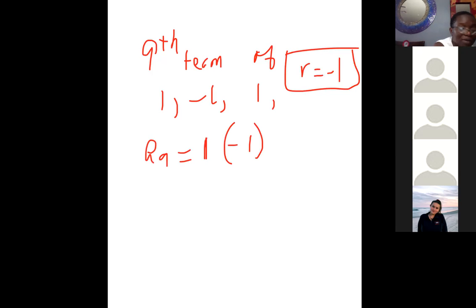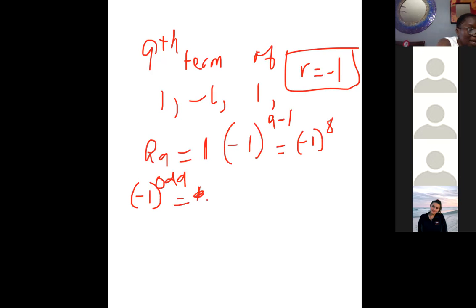Actually, it's 1. Okay, Laura, you changed your mind. Okay. 9 minus 1 gives you 8. Guys, bottom line is this. When you have a negative raised to an odd power, you get a negative, okay? And when you have a negative raised to an even power, you get a positive.